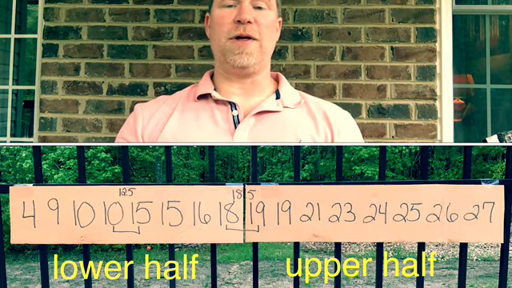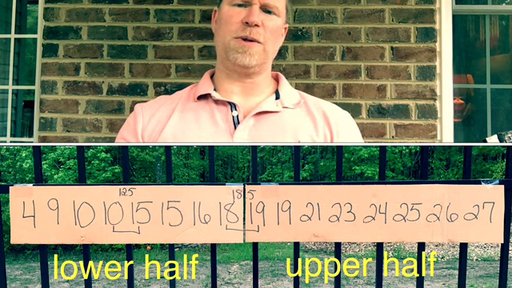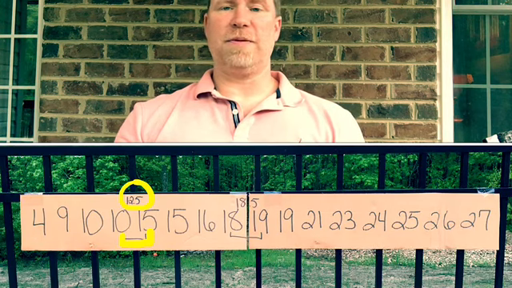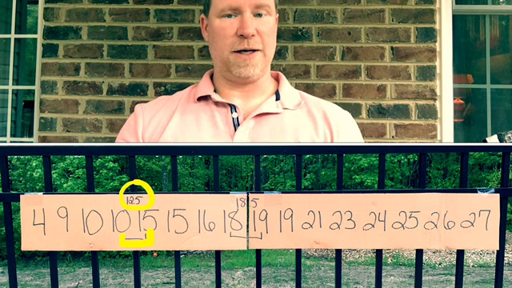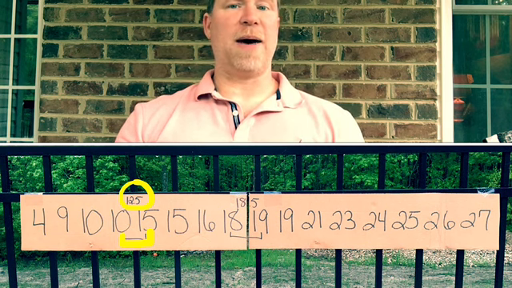Our next step is to find another median, but this time we want to find the median of either the lower half or the upper half of our data. Let's start with the lower half. I have a 10 and a 15 that are in the middle of that half of data. We're going to add 10 and 15 and divide by 2.